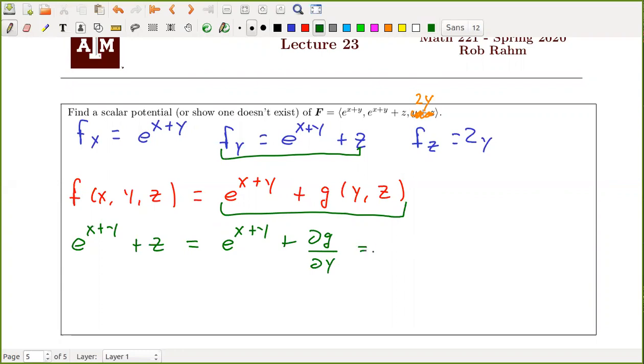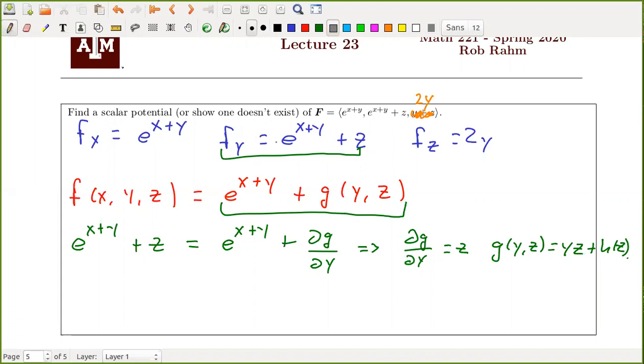And so this tells us that the partial derivative of g with respect to y is z. And so g of y, z is equal to yz plus some unknown function of z alone. So far this is exactly like what we saw in the previous example.